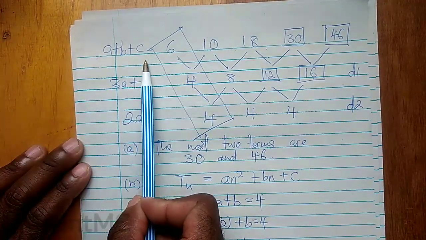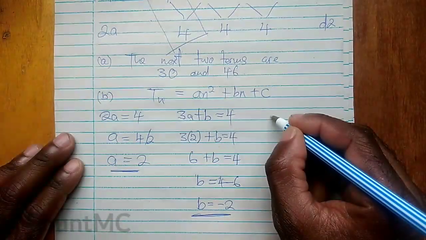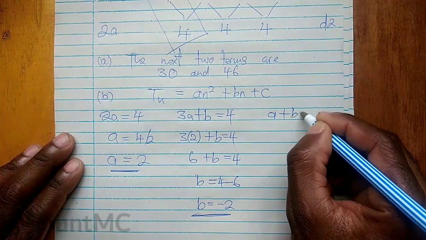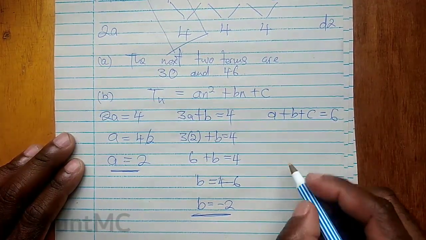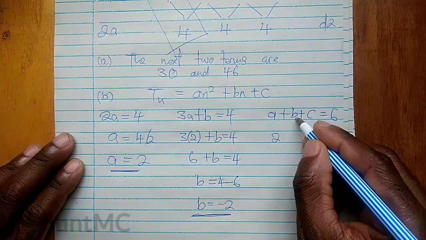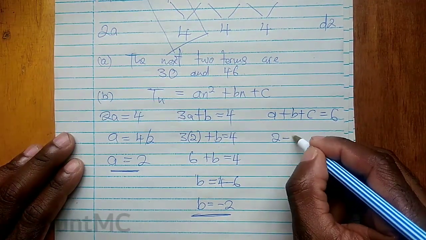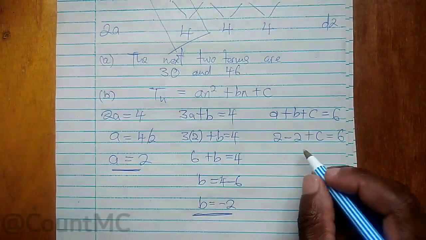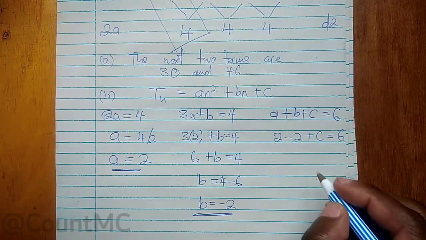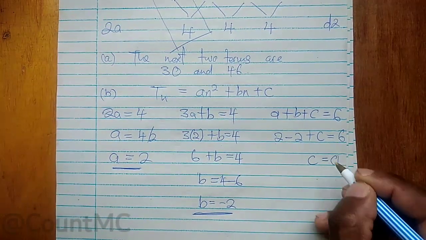A plus B plus C is equal to 6. A is 2. B is minus 2. Plus C is equal to 6. 2 minus 2, that is 0. So we're left with C is equal to 6.